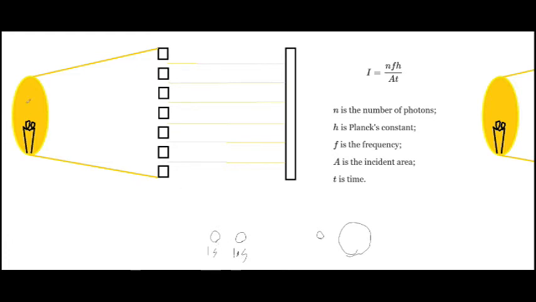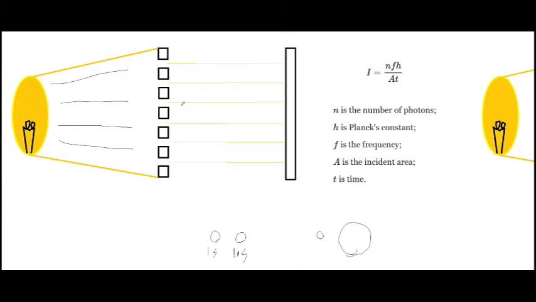And so I have this, my excellently drawn light bulb here, and I show it shining light going this way. And I have it hitting these little blocks here so that it's only allowing some of the light to get through.